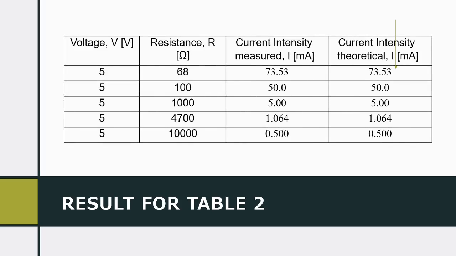So this is the result for table 2, whereby the current intensity that we measure is 73.53 milliampere for 68 ohm, 50 milliampere for 100 ohm, 5.00 milliampere for 1000 ohm, 1.064 milliampere for 4700 ohm, and lastly for 10k we get 0.500 milliampere.